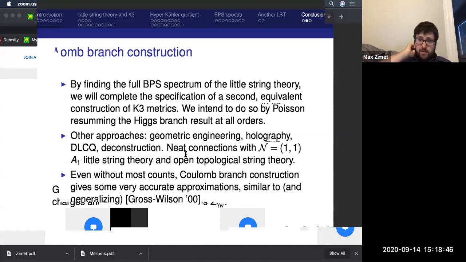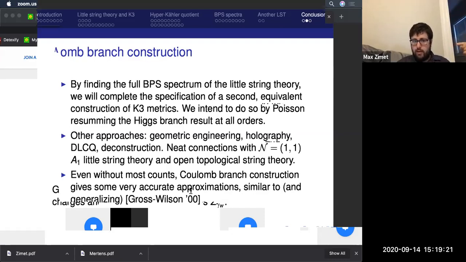Yeah, so the idea is, remember we're interested in the open string Gromov-Witten theory of K3. Let's instead study a K3 fibered threefold, and study a D3 brane, which is wrapping an elliptic fiber of K3 as well as a one cycle in the base.